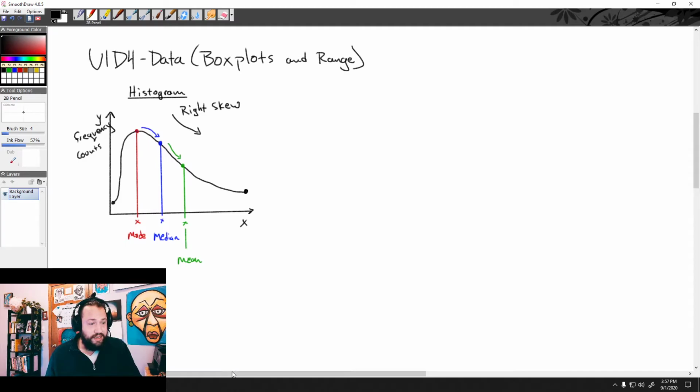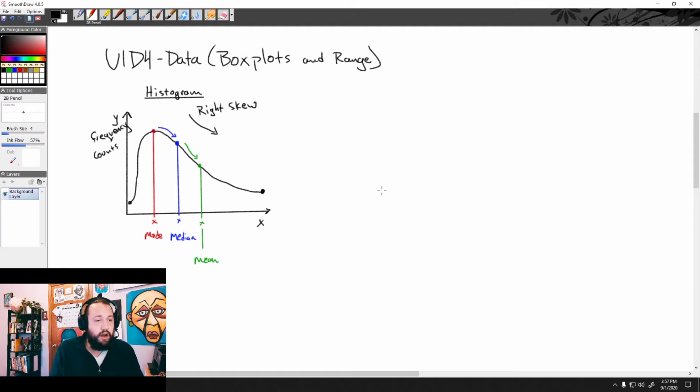So if I took the same exact data and I wanted to draw a box plot with it, I would start with my number line. This number line, this x line, isn't going to change at all. Then my starting point and my ending point are going to stay the same. And for box plots, I just do lines here. So this is going to be my minimum here, because we know it's same over here.